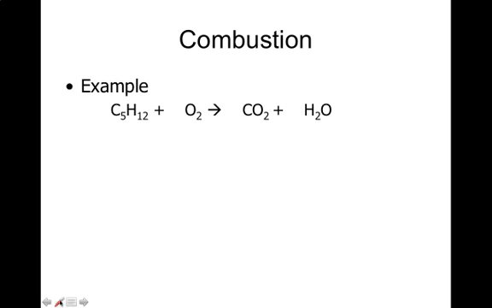Let's see if we can balance this equation. Whenever you're balancing a combustion reaction, you want to balance your carbon first. We have 5 carbons here, so we're going to need 5 here. Then you balance your hydrogens.